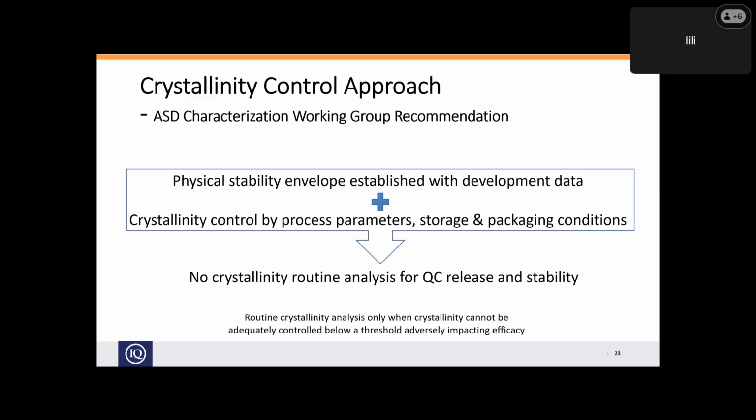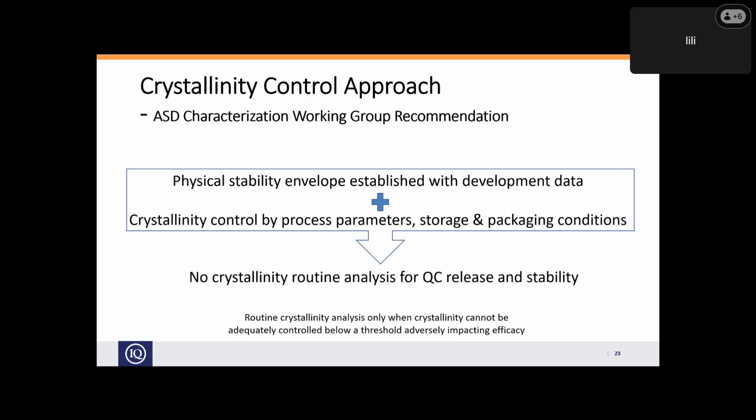This could include those less common techniques not available in a production setting, but available in a development setting. With all these techniques, we will establish the physical stability envelope below a crystallinity threshold, and this threshold is established such that it doesn't impact the efficacy adversely.